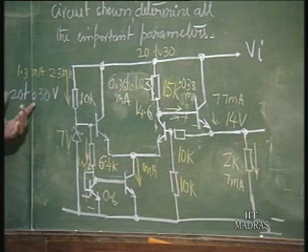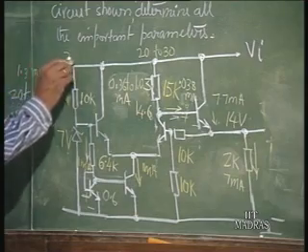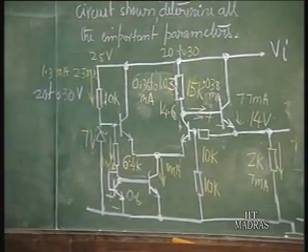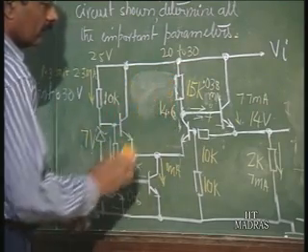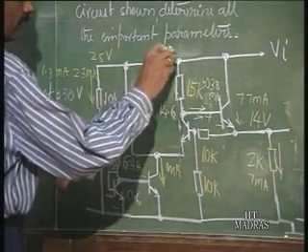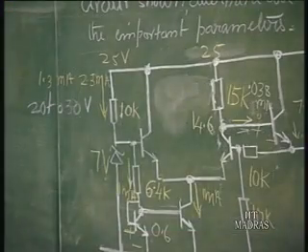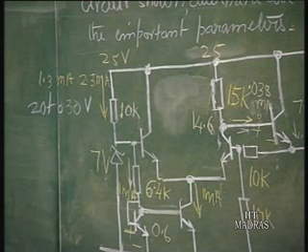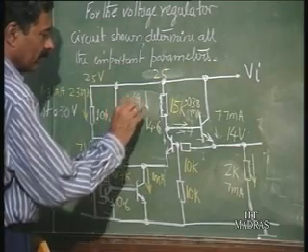Let us assume that this is nominally fixed at, let us say, 25 volts. If this is fixed at 25 volts, and this is 14.6, then 25 minus 14.6 is the voltage, which is 10.4. 10.4 by 15 K, how much is it? 0.69 milliamperes.